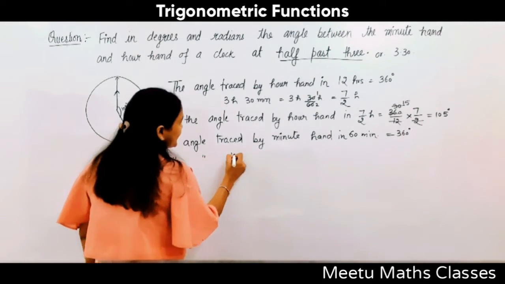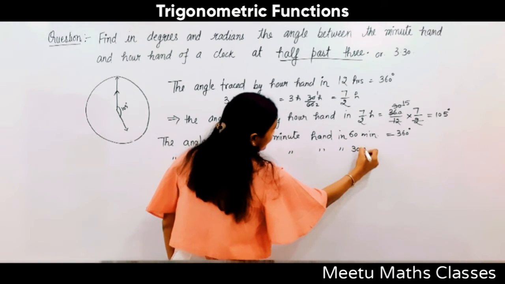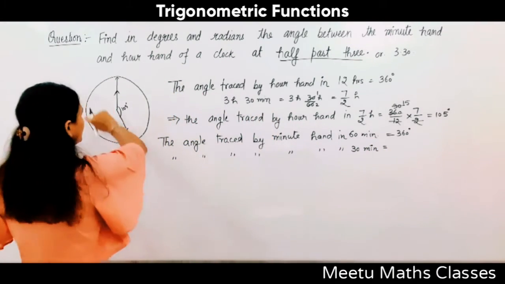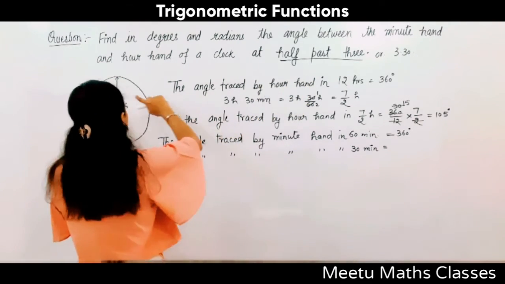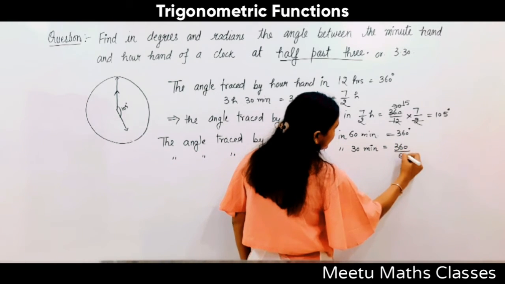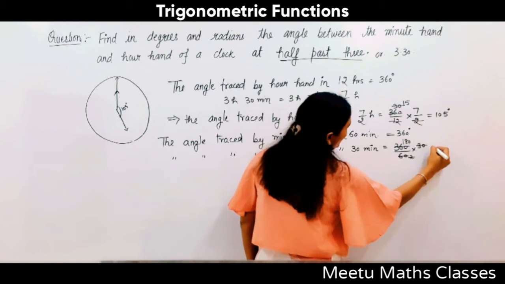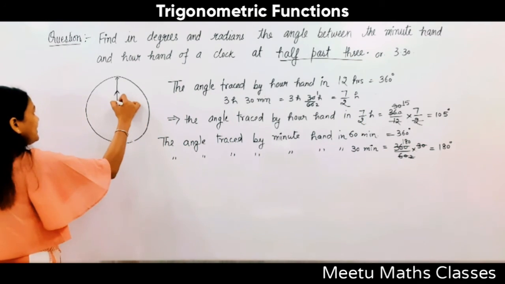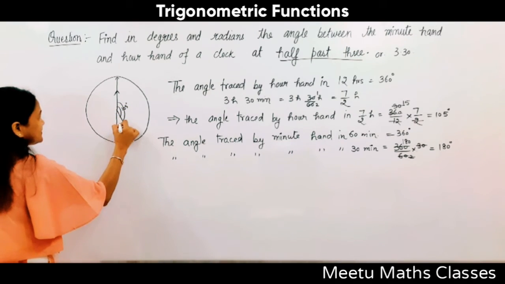So the angle traced by the minute hand in 30 minutes will be equal to, देखो 3 आवर्स में तो पूरे 3 रोटेशंस ले लिए होंगे उसने, बट अब हाफ रोटेशन में 30 मिनट्स में उसने कितना एंगल ट्रेस किया होगा? You are going to divide 360 by 60 and then multiply with 30. So it will be 180 degrees.